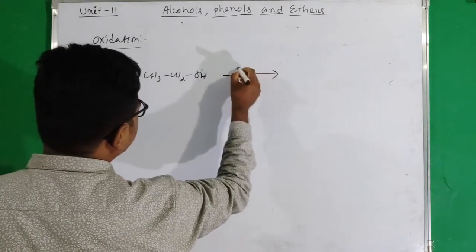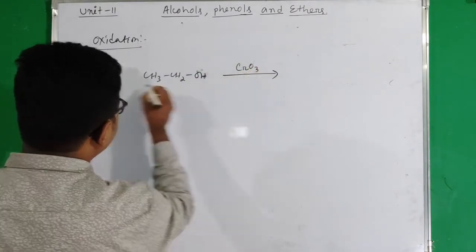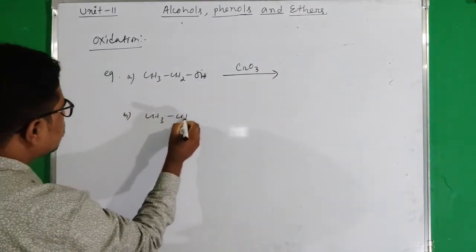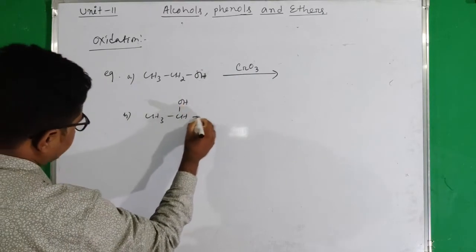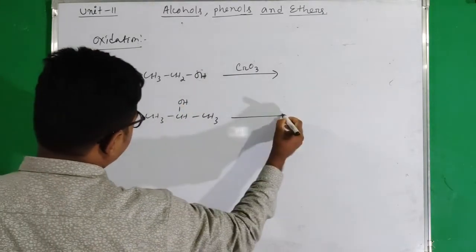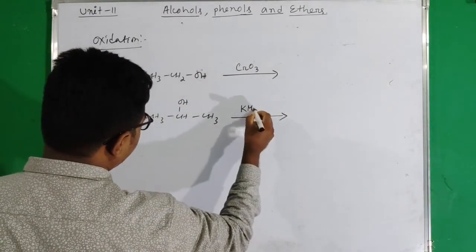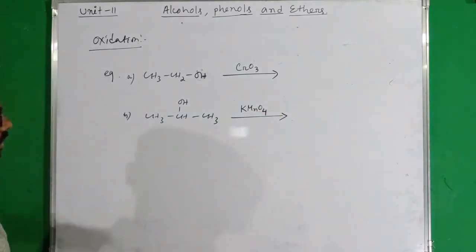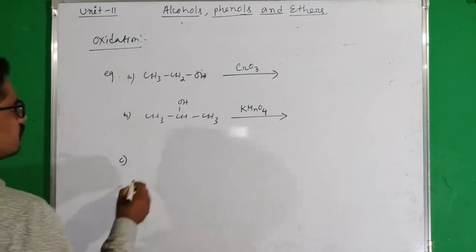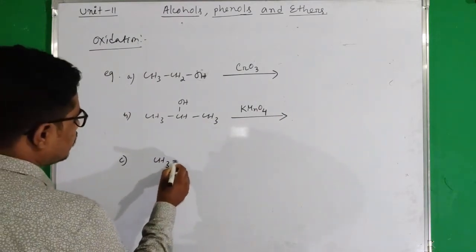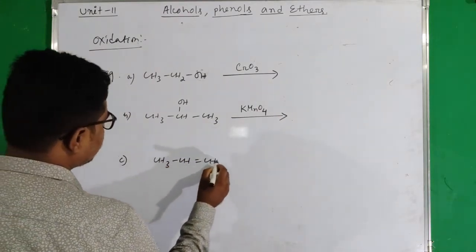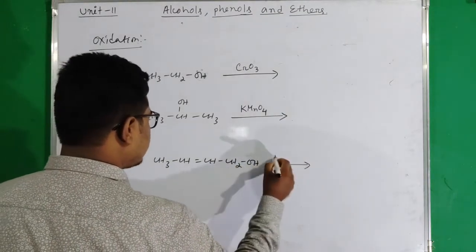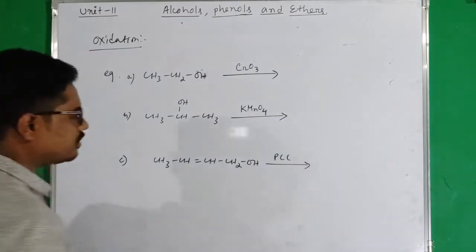Here the oxidizing agent is chromium trioxide. And then CH3CHOHCH3. In this case we are using KMnO4. Okay, and number C, suppose CH3CH=CHCH2OH, and in this case we are using PCC.